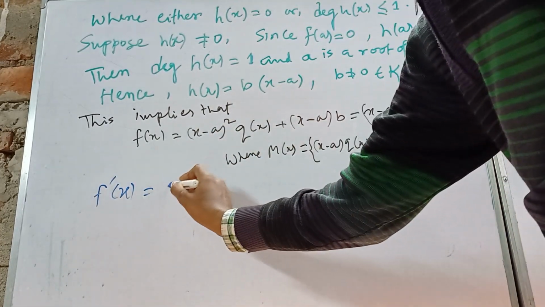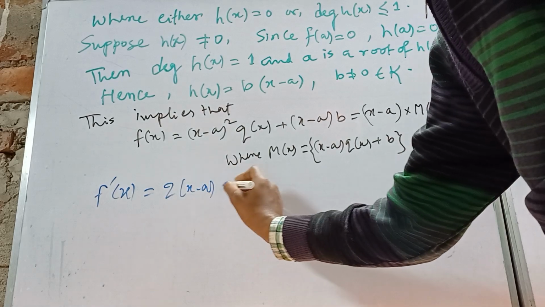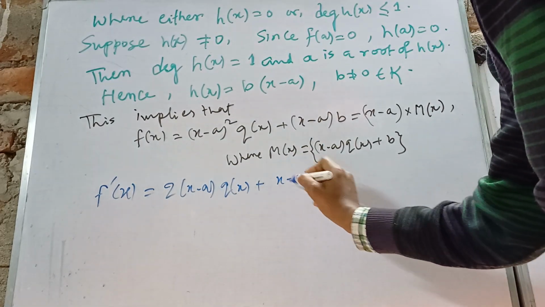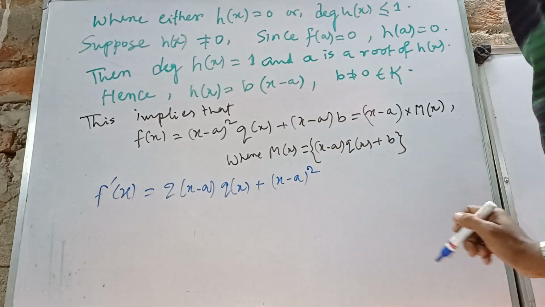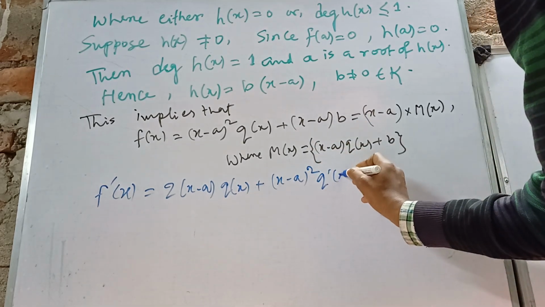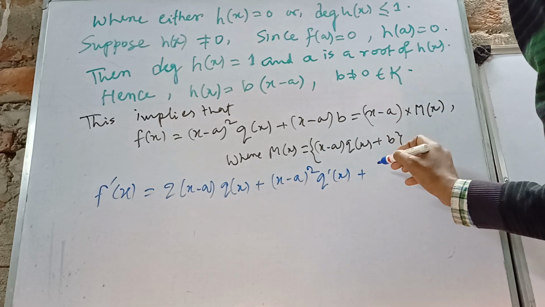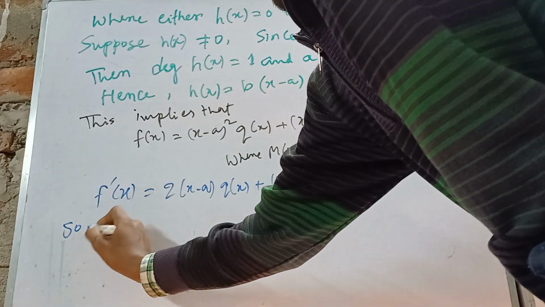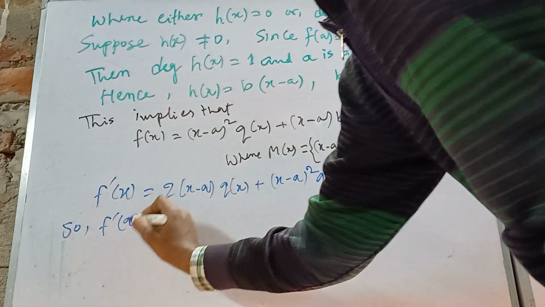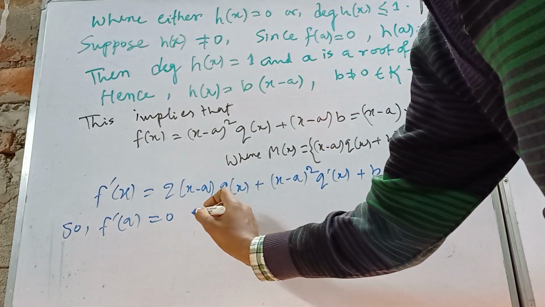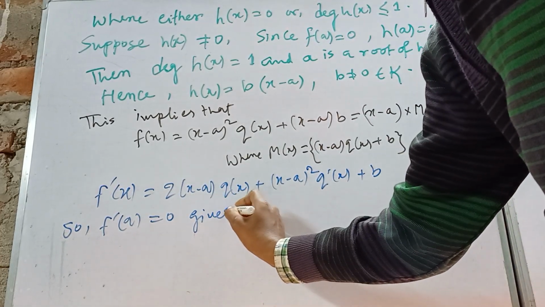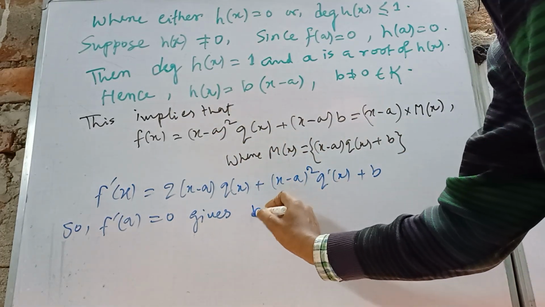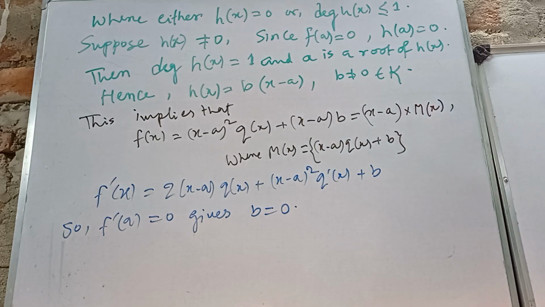F dash x equal to 2(x minus a) q(x) plus (x minus a) whole square q dash x, plus b. So f dash a equal to 0 gives, putting a here, b equal to 0. Not a problem at all.